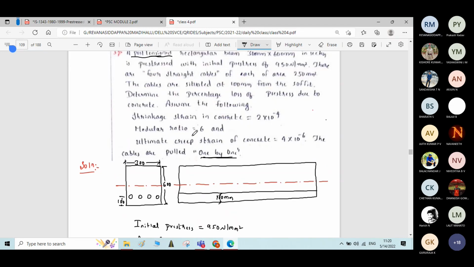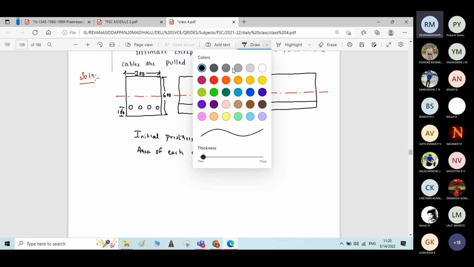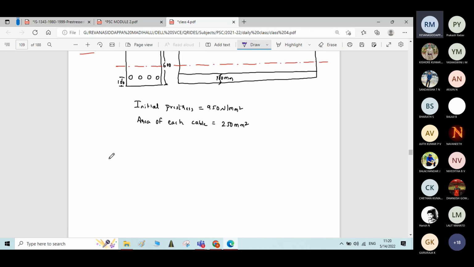So we have to determine percentage loss of pre-stress. We'll calculate the losses one by one. First one is loss due to elastic deformation. Here you can see initial pre-stress is given, and the area of each cable is also given, so you can calculate the pre-stressing force in the cable.